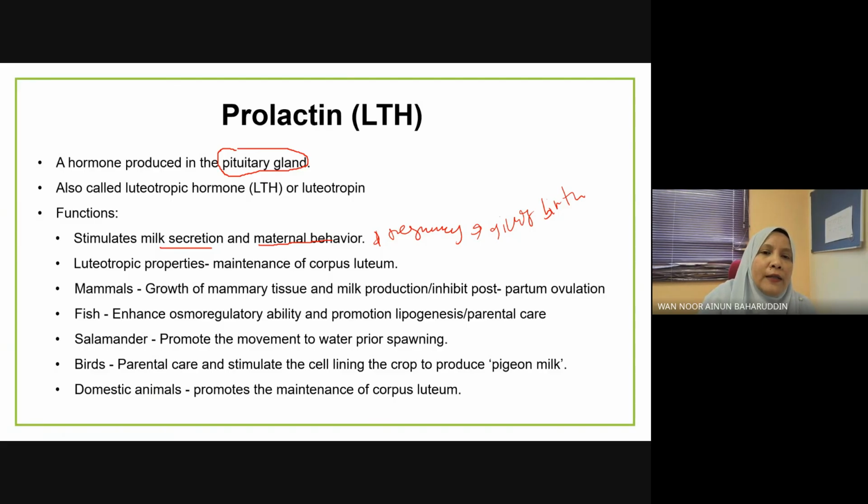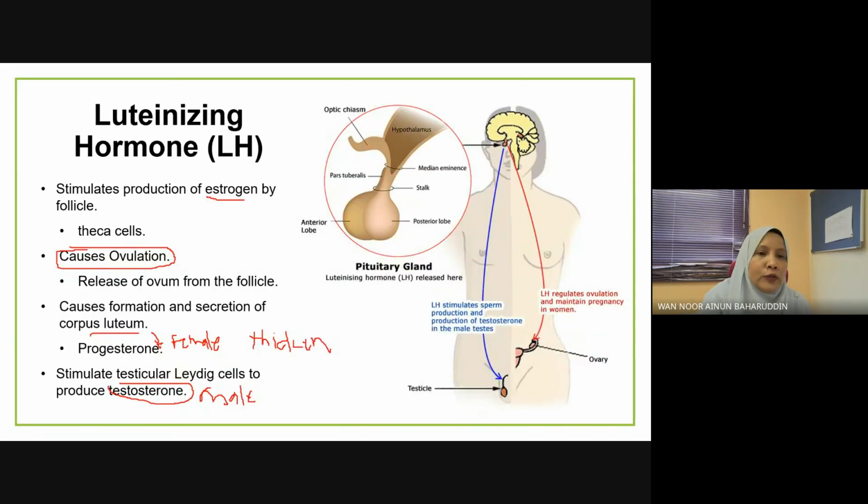Also, we do have LTH ni ataupun prolactin ni, dia adalah to maintain the corpus luteum to be there, dan dia tak jadi corpus albicans and so on yang selepas itu. Dia akan maintain this corpus luteum. Kenapa? Corpus luteum adalah the one that will secrete, macam saya cakap tadi, the one who is secreting progesterone.